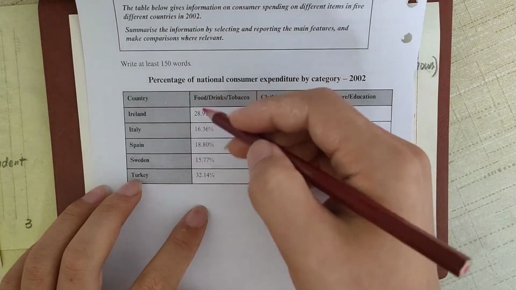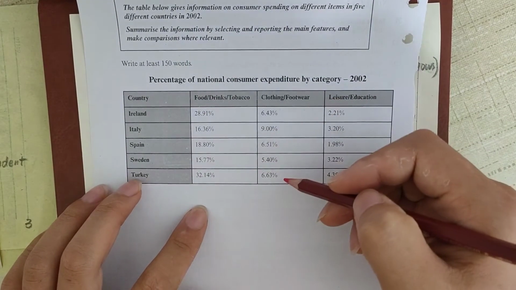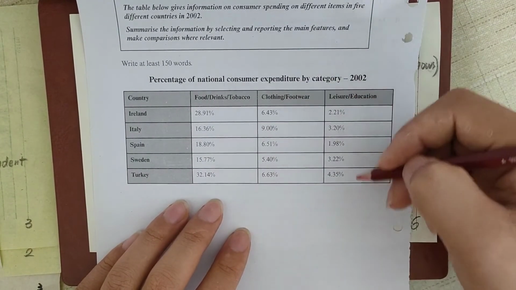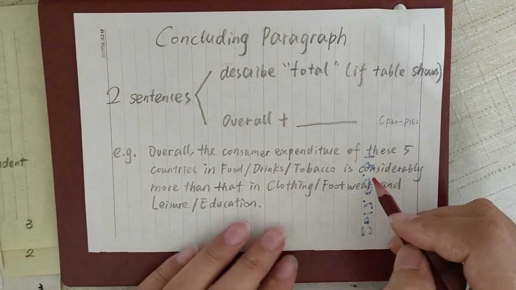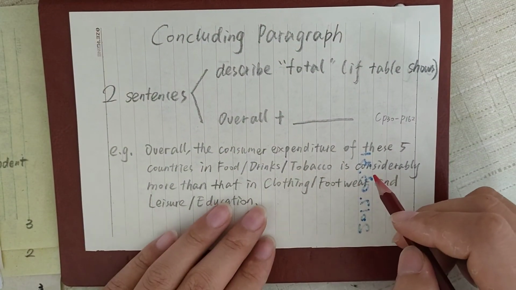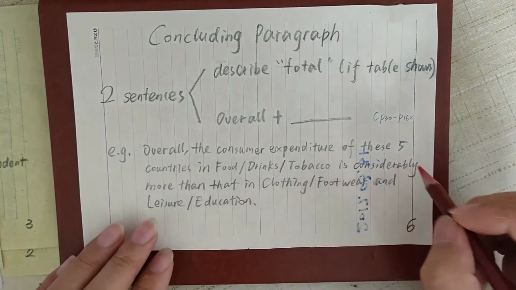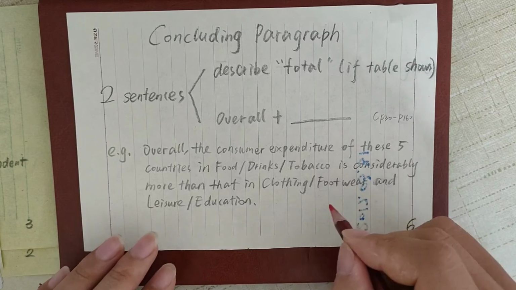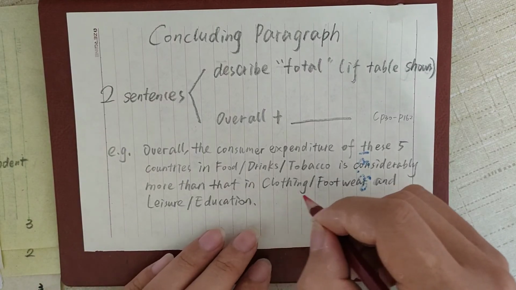Equally, this row is much more than these two rows, so we use this adverbial words to describe the difference from the different rows.